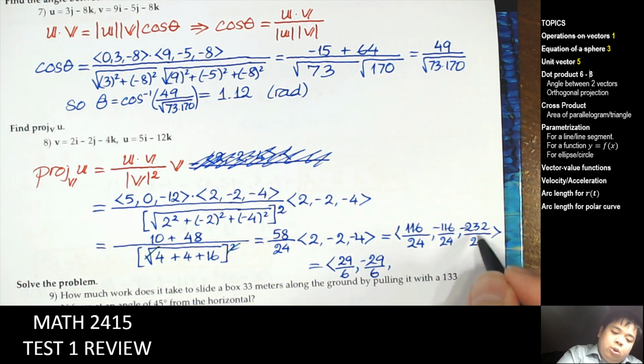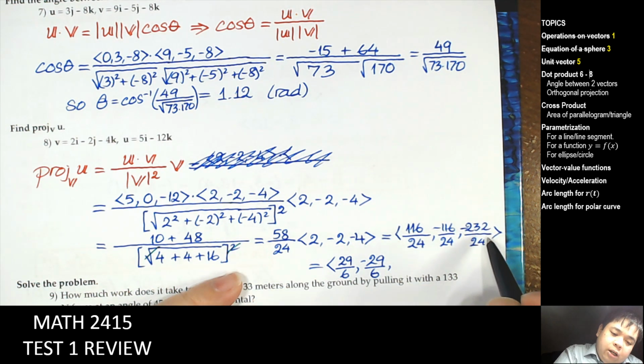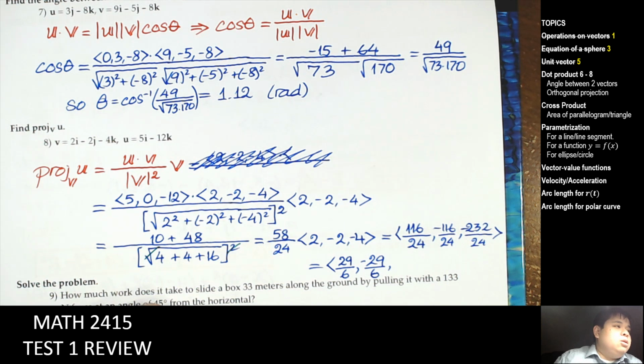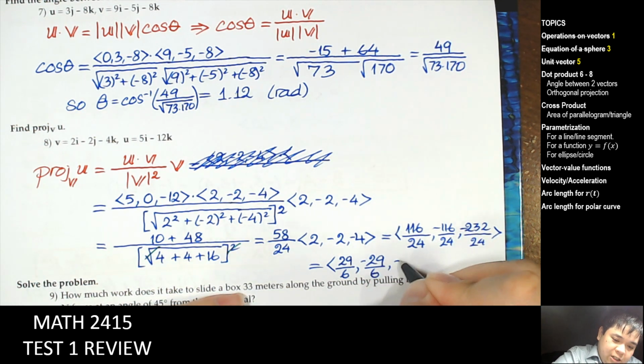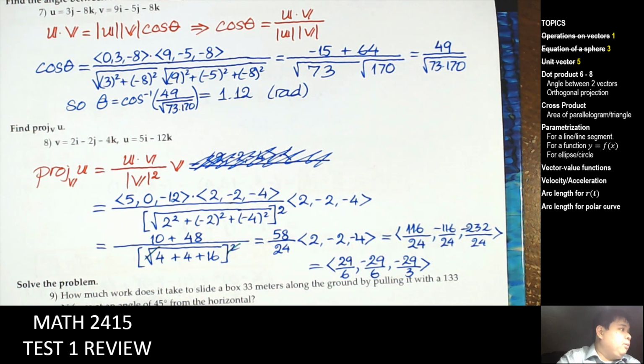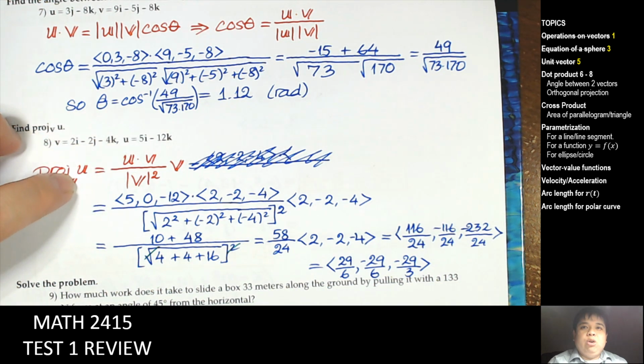And 232, just use a calculator, 232 divided by 8 with 29 over 3. Right, so that is the orthogonal projection of u onto v.